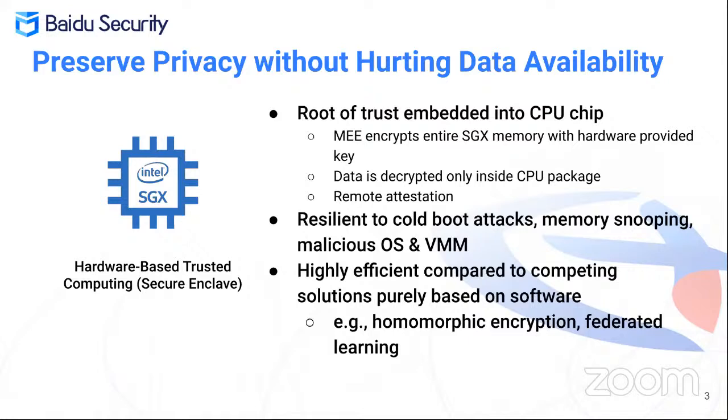Secure enclaves encrypt the entire memory chunk with a hardware-provided key. Data is encrypted only in CPU packages, and the enclave can remotely prove its trustworthiness to users without relying on infrastructure software like OS and VMM.